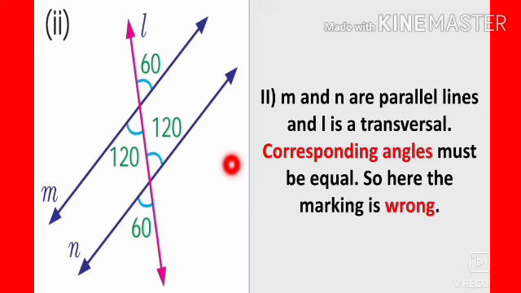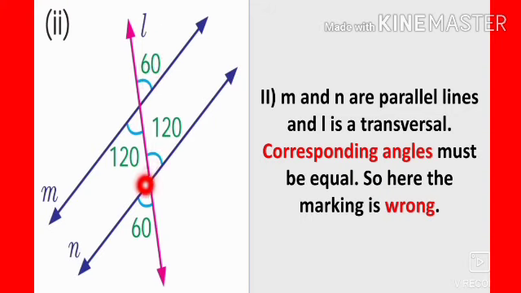In this case, M and N are parallel lines and L is the transversal, and these angles are called corresponding angles. When we take 60 and 120, which are corresponding angles, because one angle lies inside the region and one lies in the exterior region.